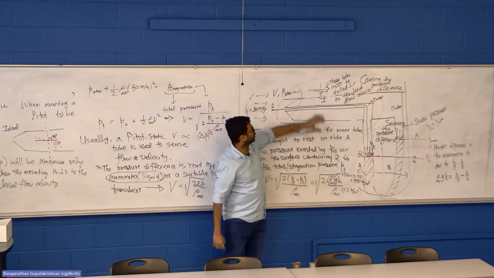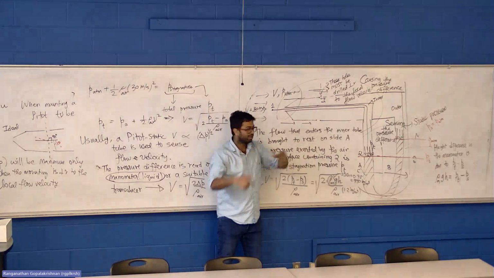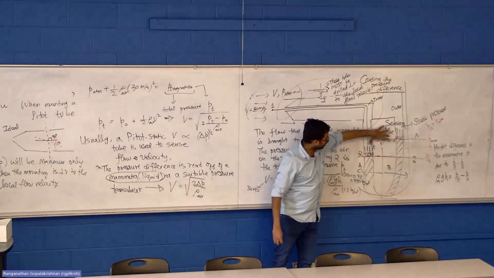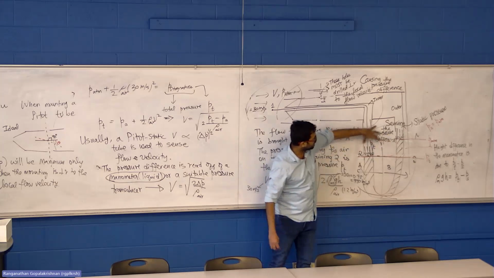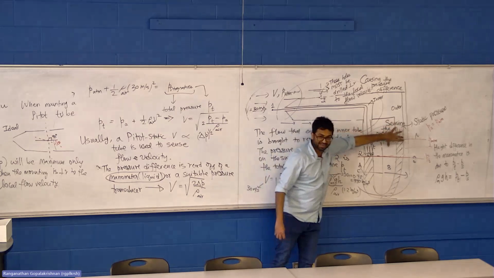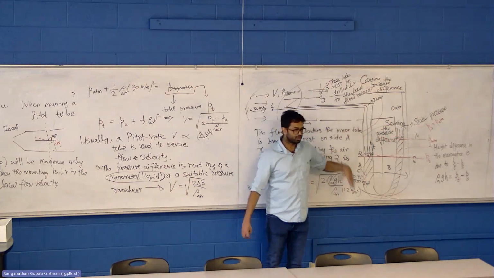Those holes drilled perpendicular to the flow will sense the static pressure on the other side, so that you could read the height difference as the pressure difference between PT and PS, P total and P static. Those are all things that you could expect in this course.